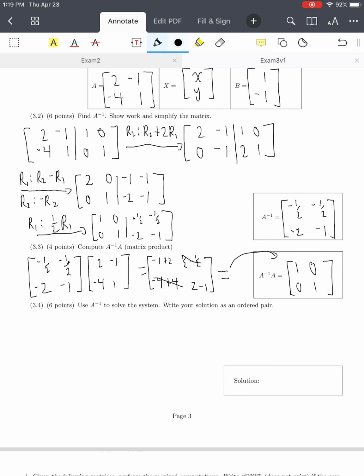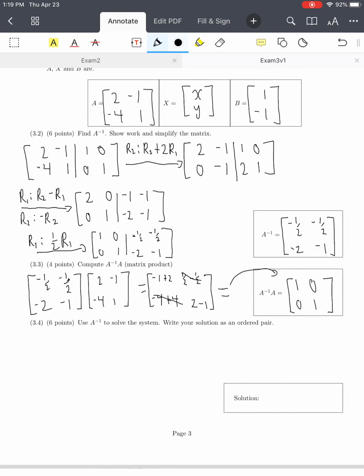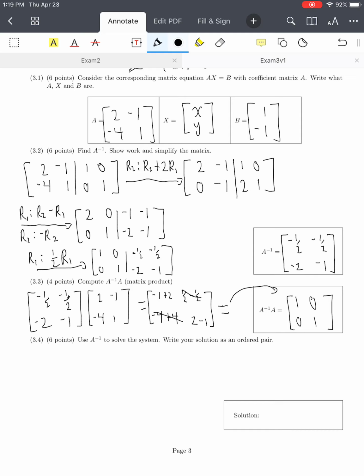Okay, part 4, use A inverse to solve the system, and write your solution as an ordered pair. So originally we have AX equals B, as noted above. Then if we multiply on the left by A inverse, we get A inverse AX equals A inverse B. But A inverse times A is the identity, which is basically 1 for matrices.